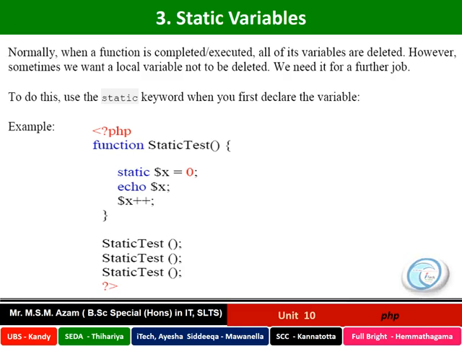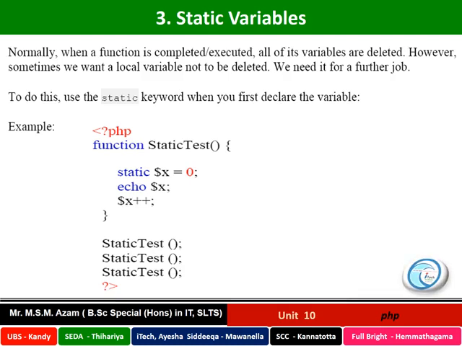For an example, I declare a function called static test. Inside that, I am going to declare a variable called x, but that variable is declared with the keyword static. That means I am declaring that variable as a static variable. The purpose is to keep that variable after executing my PHP function.